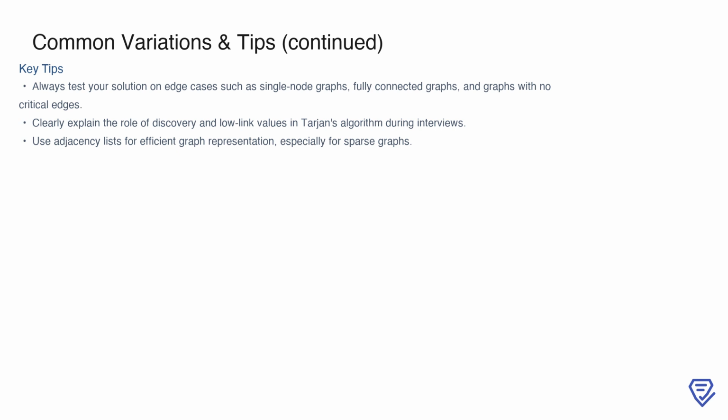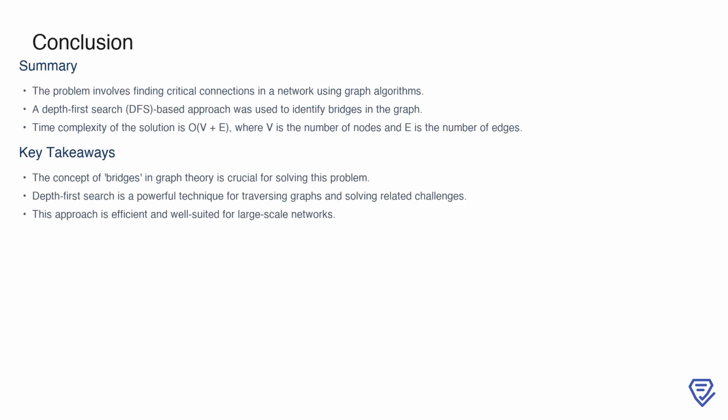When implementing your solution, use adjacency lists for representing the graph. This is particularly efficient for sparse graphs, where the number of edges is much smaller than the number of nodes. By following these tips, you'll be better prepared to tackle both this problem and similar graph-related challenges in interviews.